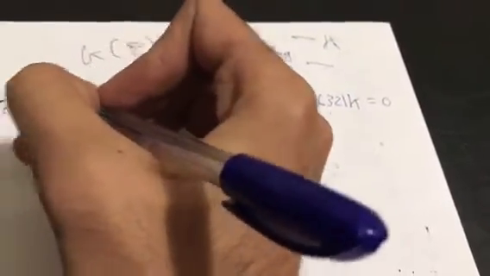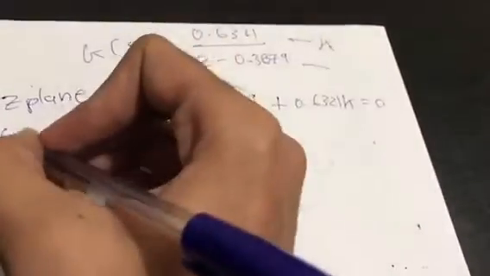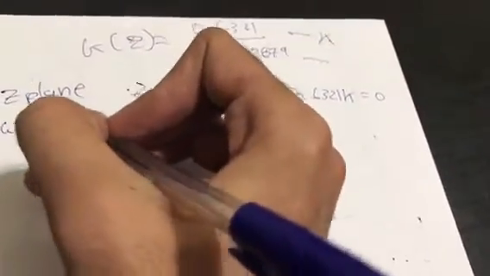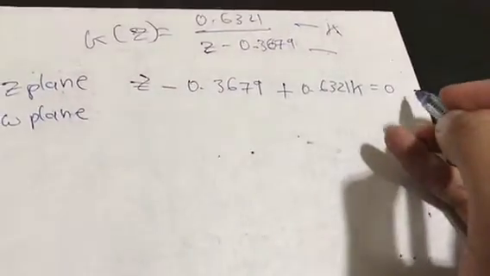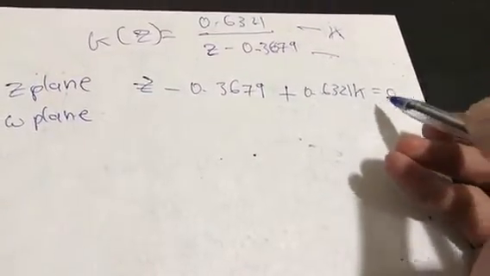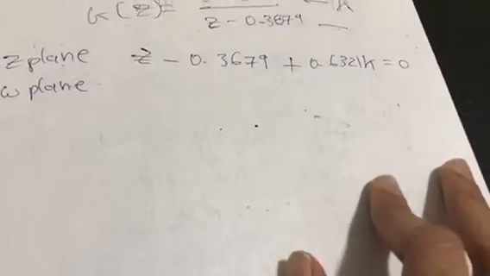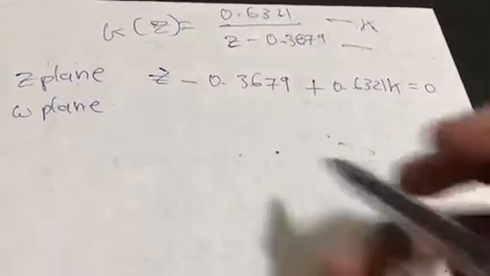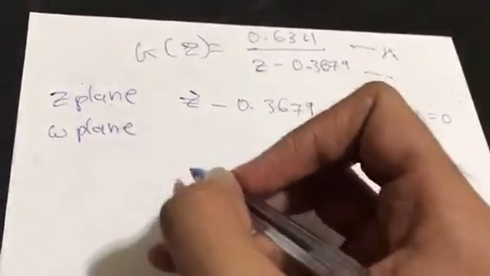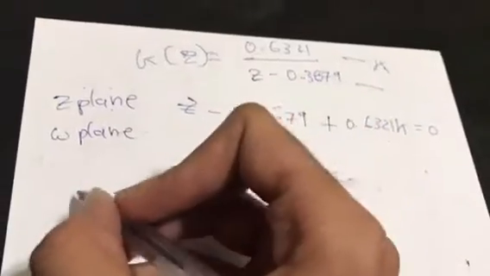We have to convert this into the omega plane. You can basically just do it directly in the z-plane, but sometimes you'll be asked to convert it into the omega plane and then map it there to find the stability. So here we take the relation between z and omega.